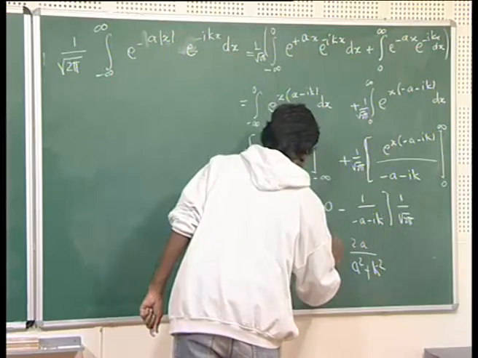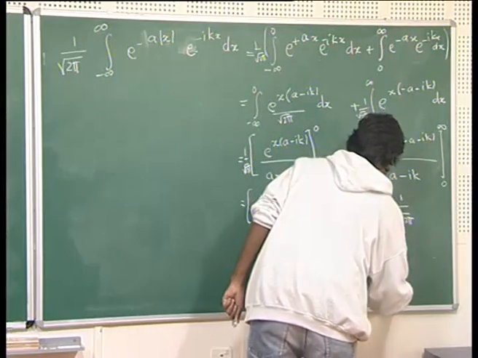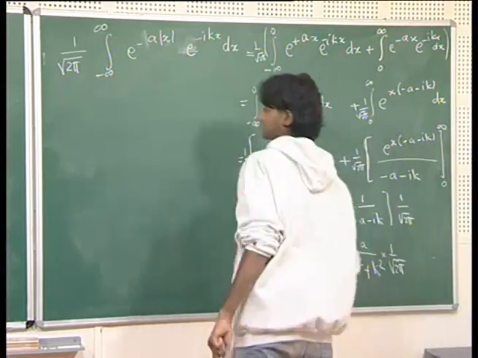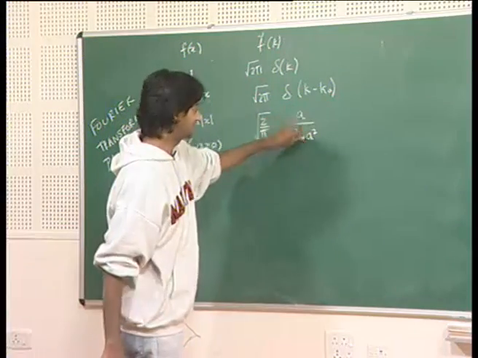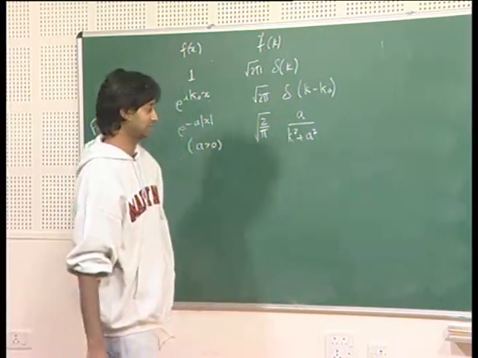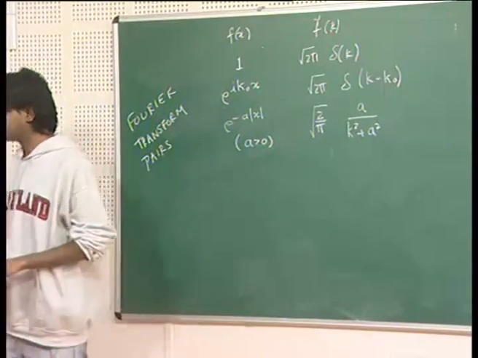Here also you have 1 over root 2 pi, and you have root 2 pi, and that is just this answer. So when you take 1 over root 2 pi into 2 a divided by a square plus k square, you will get exactly this answer. So we have shown this relation.